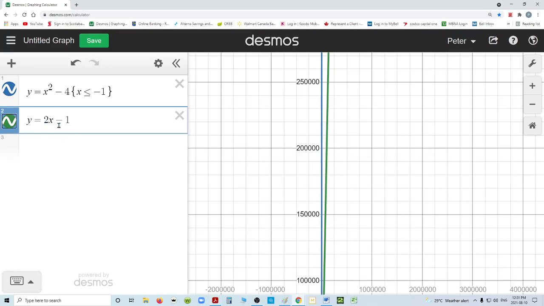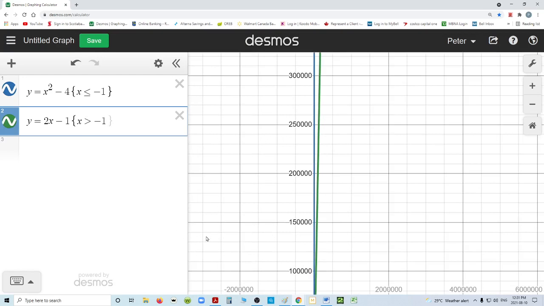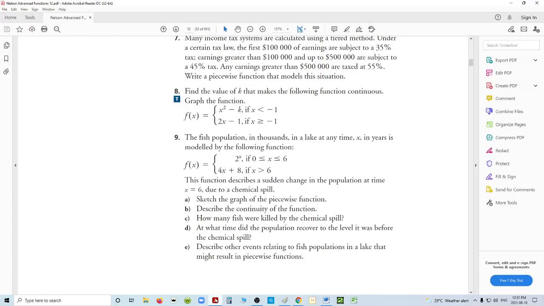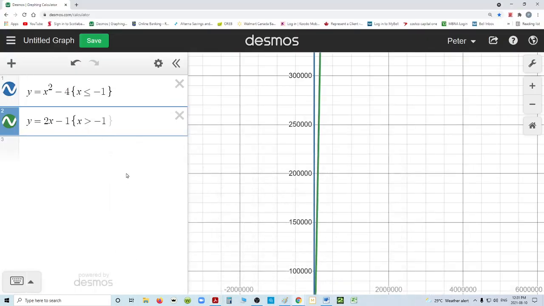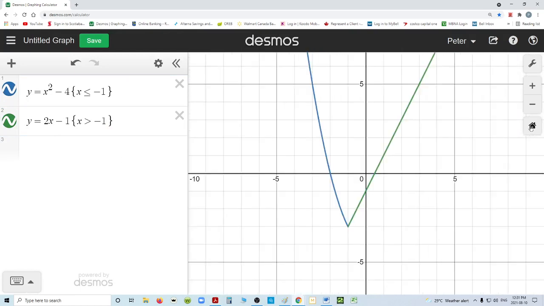And then when x is bigger than minus 1. And that didn't quite work out. So let's see what I did wrong. X squared minus 4. And that's at minus 1. 2x. Oh, hang on. There we go. It's just that it's being drawn crazy.